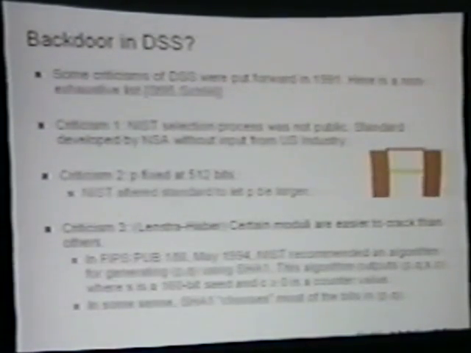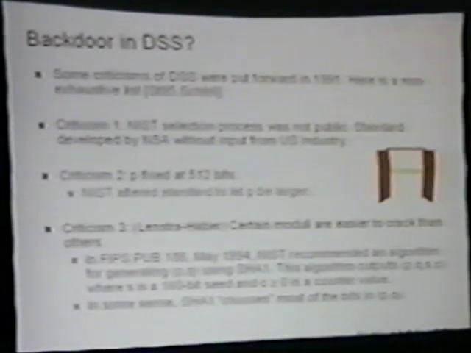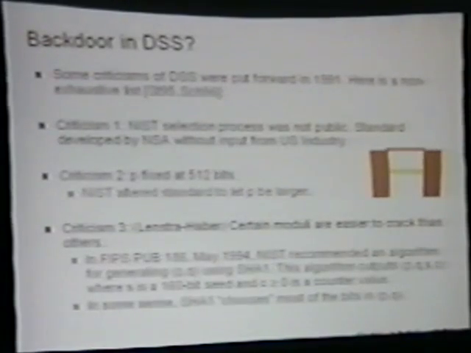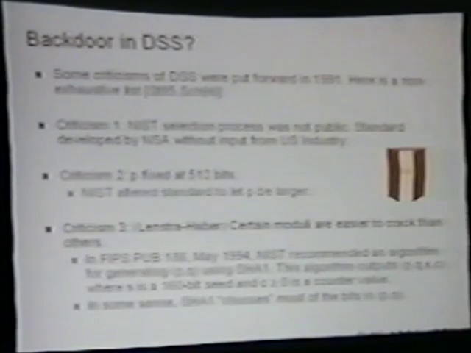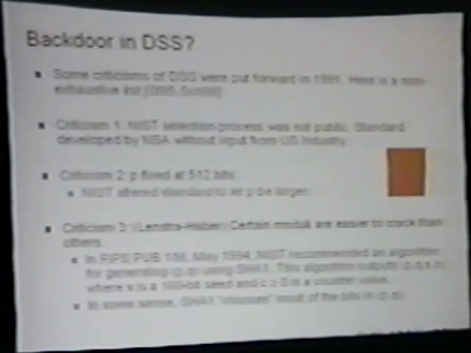And Lenstra and Stuart Haber mentioned that certain moduli P are easier to crack than others. So this is a rather serious issue. And again, in FIPS-Pub 186, a mitigation strategy was introduced to deal with this.